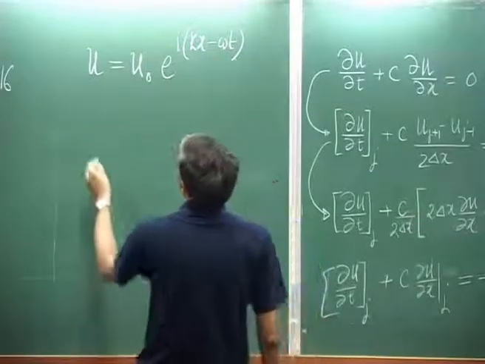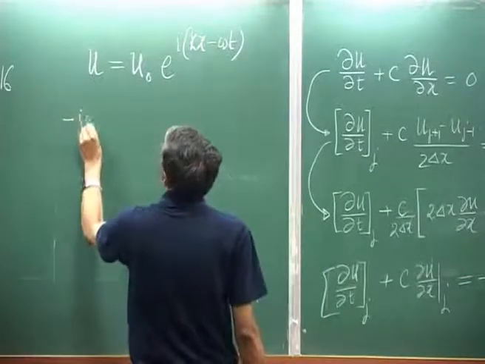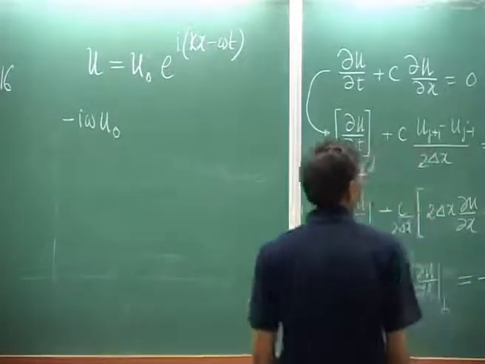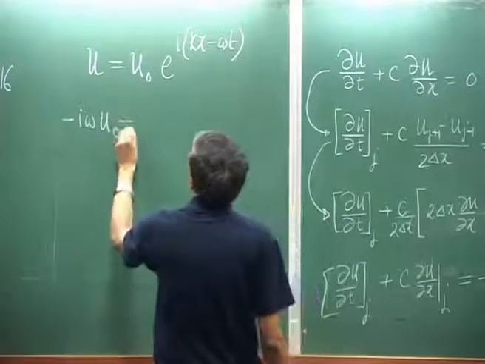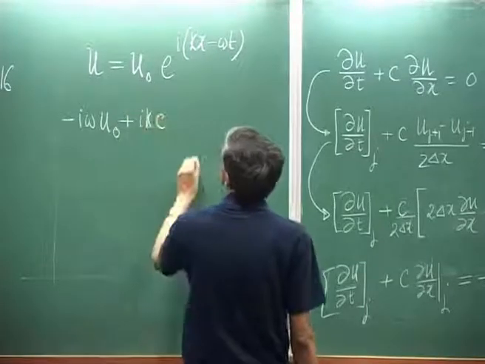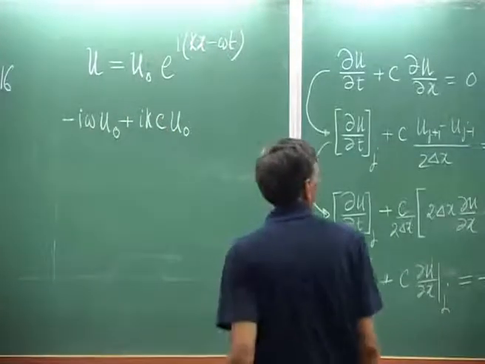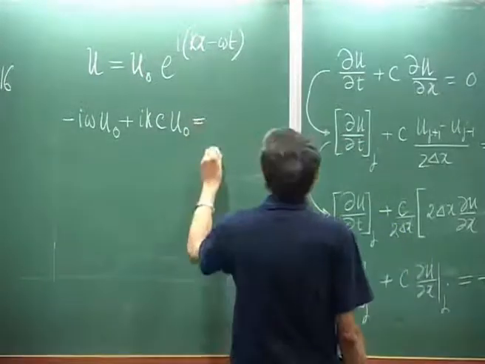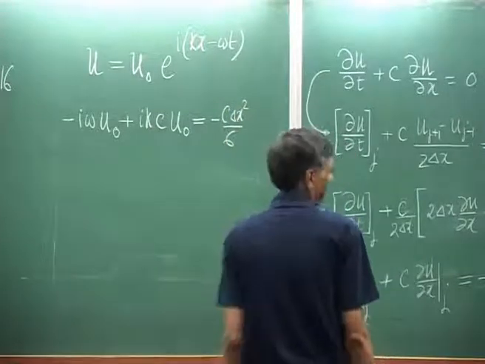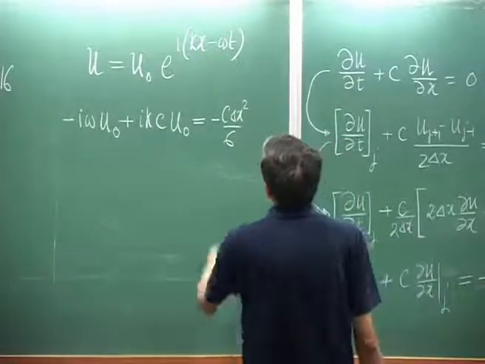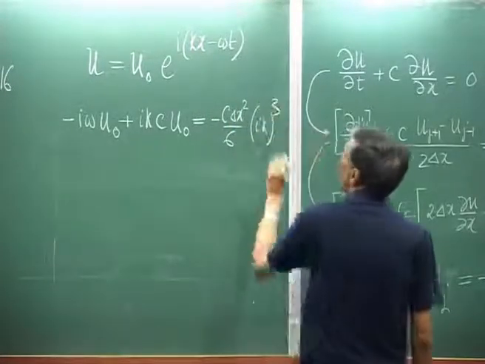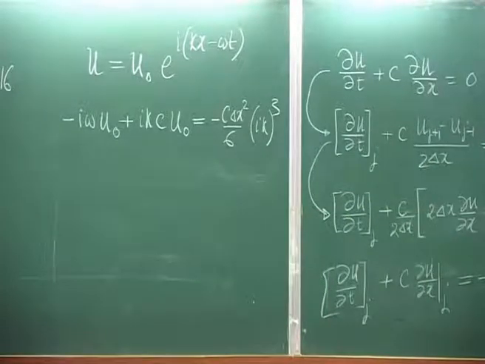so the del u del t term will give me I omega u naught. I am omitting the phase part, and this part will give me I k c u naught, and what do I get on the right hand side? The leading term will give us c delta x square by 6, and if I take the third derivative, then I will get k cube.